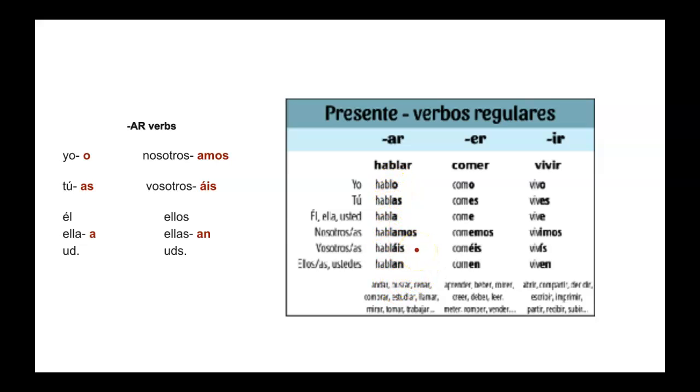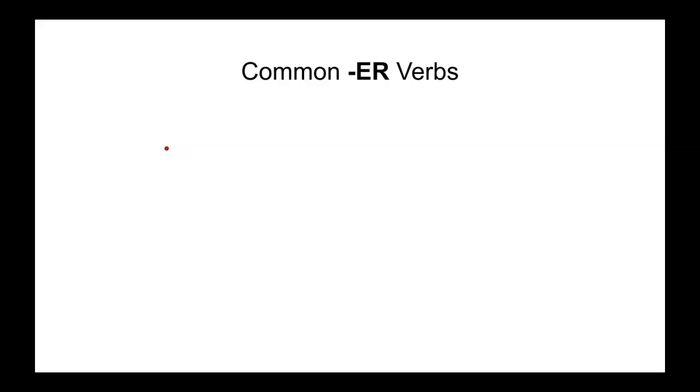I noticed on some of our assessments, some of you are putting the AR endings for ER verbs. Remember, if the verb ends in ER, then we have to practice using this set of endings, not this set of endings, which pertains to AR verbs only.